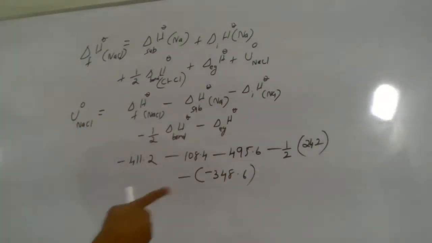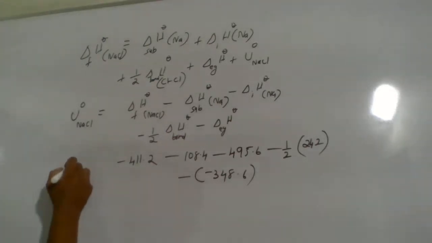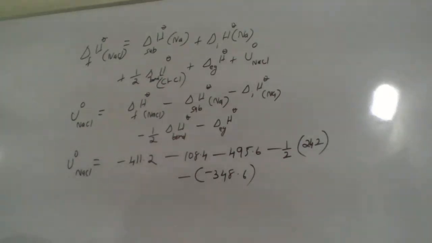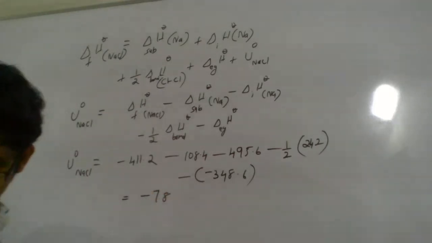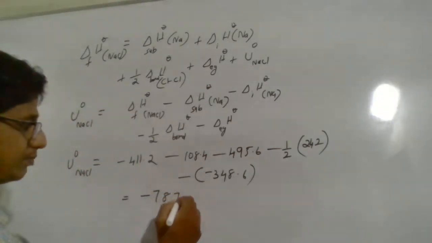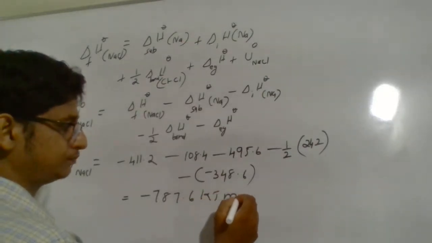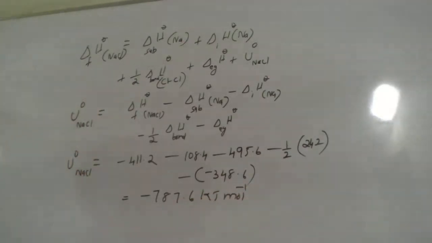So apply here, you will get the lattice enthalpy of NaCl. You will get around minus 787.6 kilojoule per mole. Here you can check it.